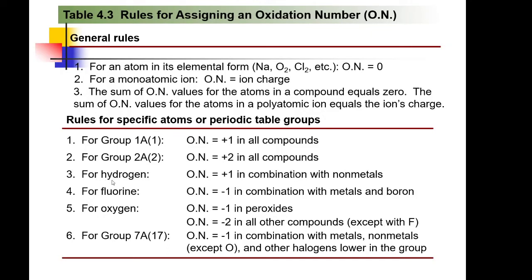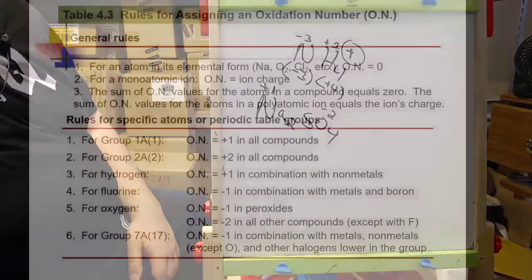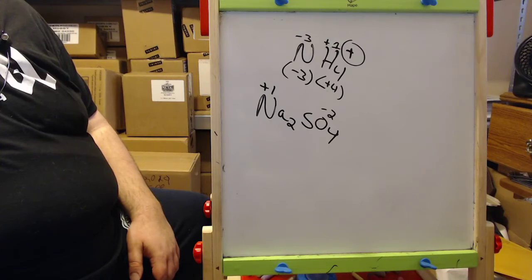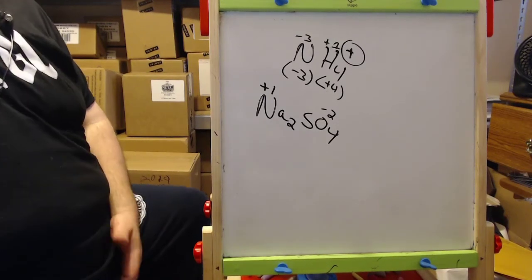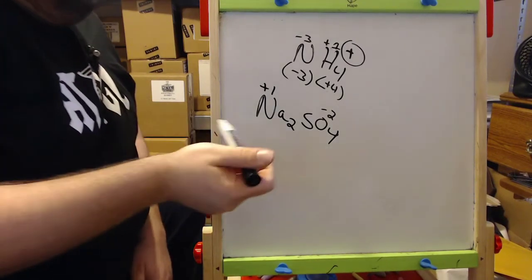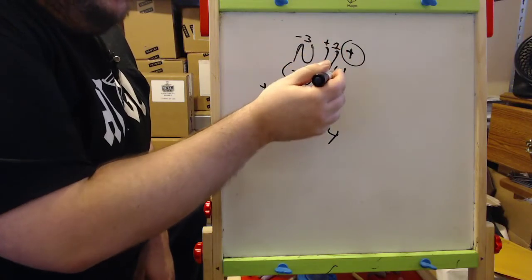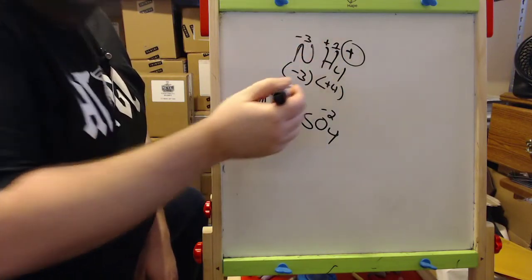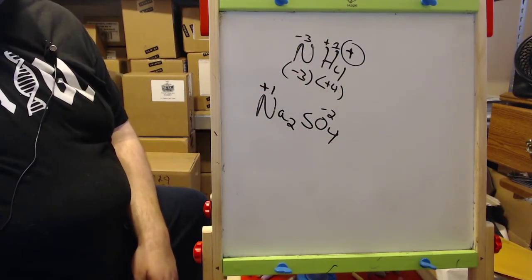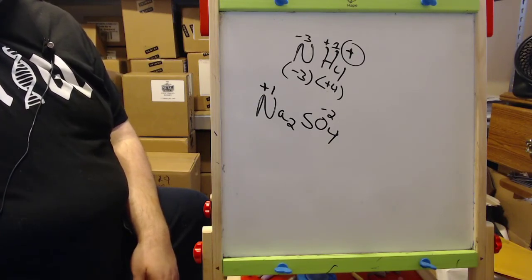Right here where I have the arrow. For hydrogen, +1 in combination. So plus 1 times 4 is plus 4. That's why it's a minus 3. Nope, hydrogen's a plus 1.